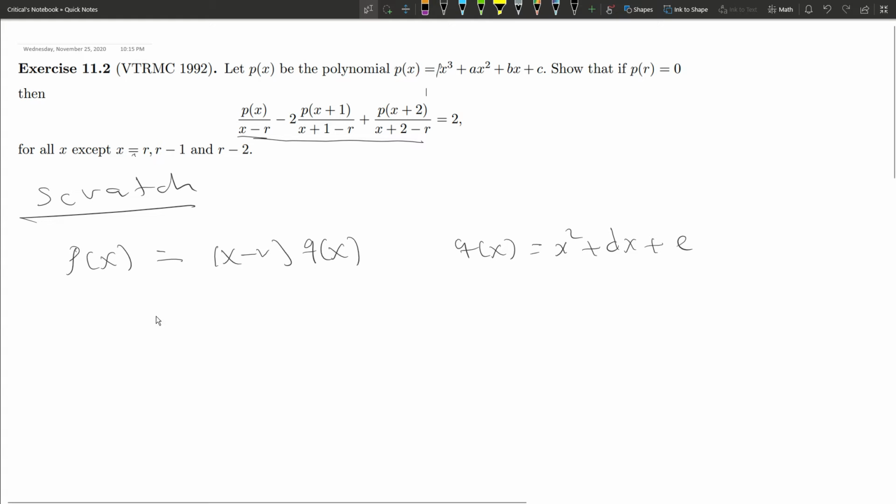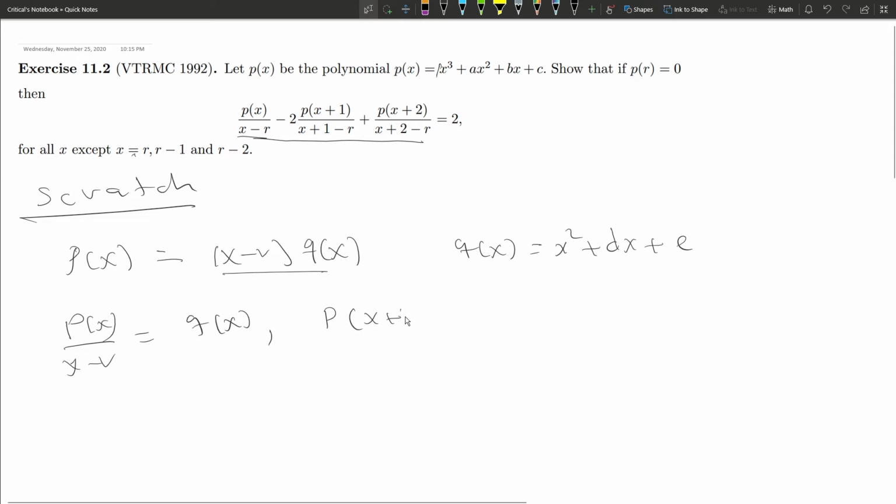Okay, so if we rewrite p of x in this form, then p of x over x minus r is simply q of x, because this term cancels the denominator, and the same thing happens to the other terms as well.